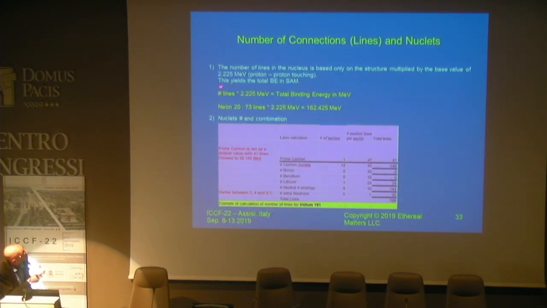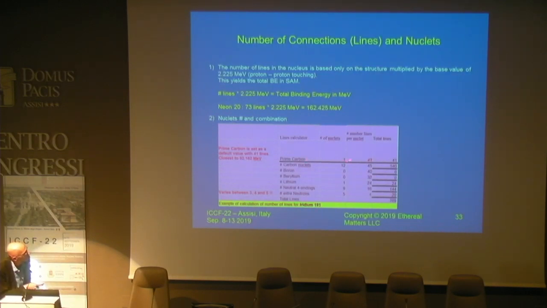Here we see the first method, simply calculating the total absolute binding energy. And the second method is the nucleates and their combination, meaning every nucleate, as I mentioned, has a known value of binding energy. That means in the bigger atoms, we can simply look at which one is there. So I have an example here of, in this case, iridium 191.